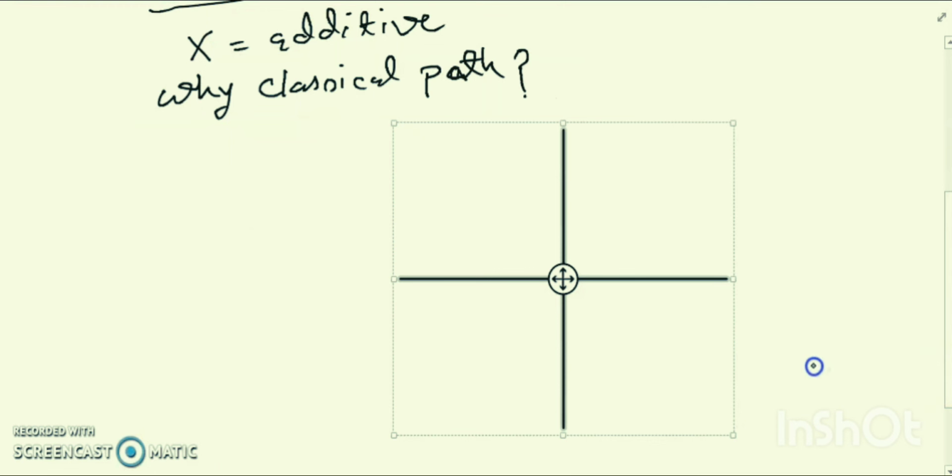Okay, I draw a diagram, and this is t, and this is x.